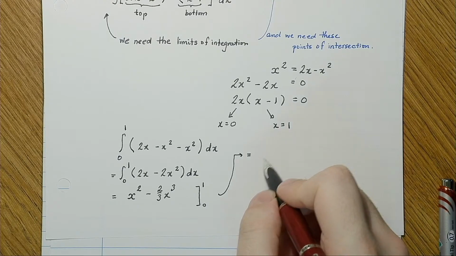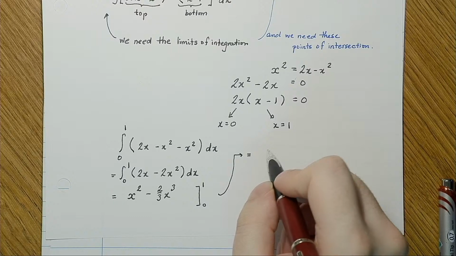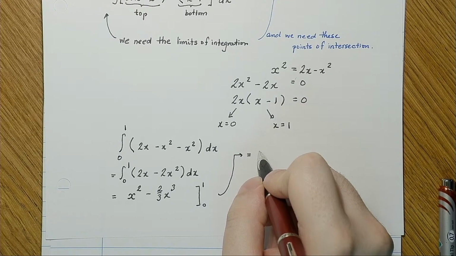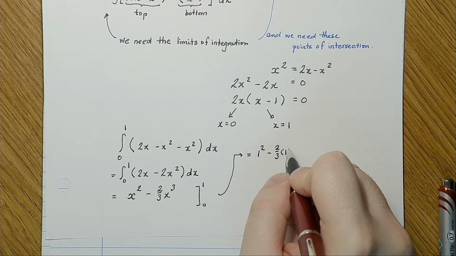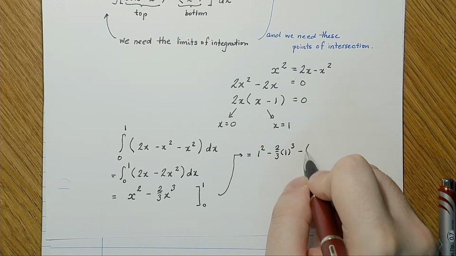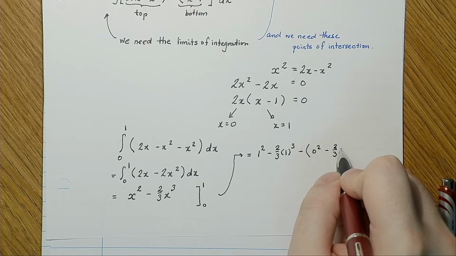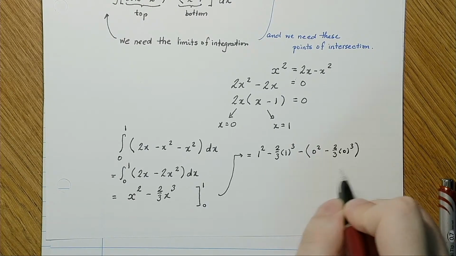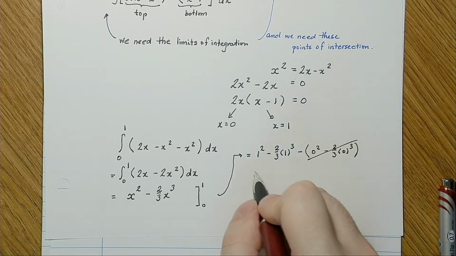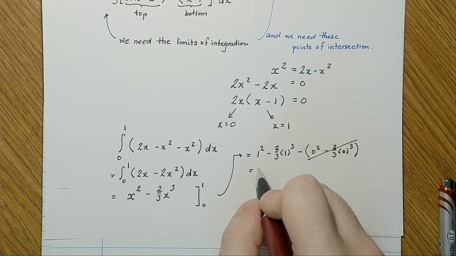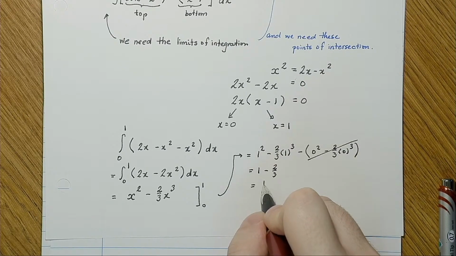Then we substitute in our values, so we're going to evaluate that at 1 minus this evaluated at 0. So I have 1 squared minus 2/3 times 1 cubed, minus 0 squared minus 2/3 times 0 cubed. I can see that this is 0 and this is 0, so we don't bother with that. I'm left with 1 minus 2/3, which is equal to 1/3.